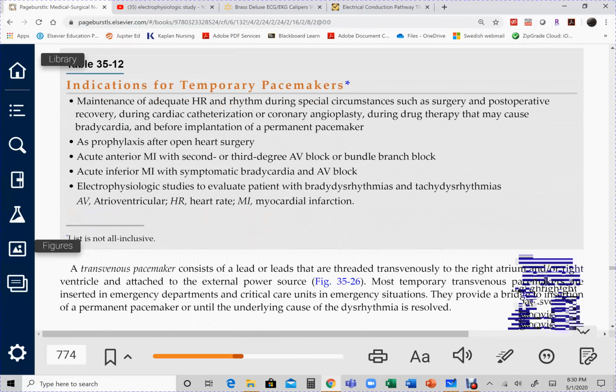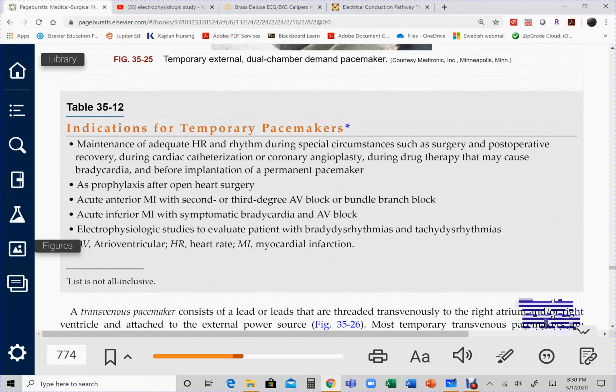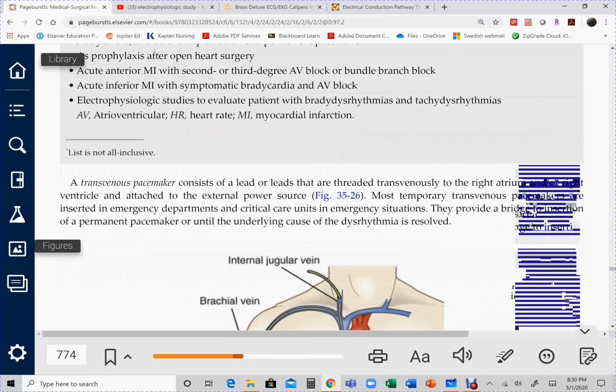And as described earlier, for second and third degree heart blocks, these are used until the patient gets a permanent one surgically implanted, or in the case wherein this is just a temporary thing, meaning the patient won't need a permanent one, so they'll be put on a temporary.